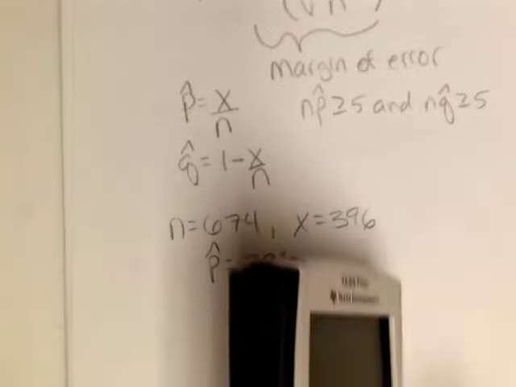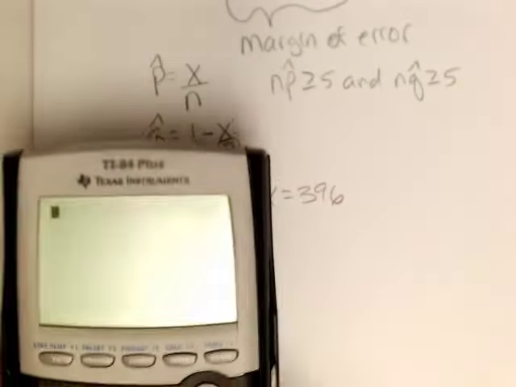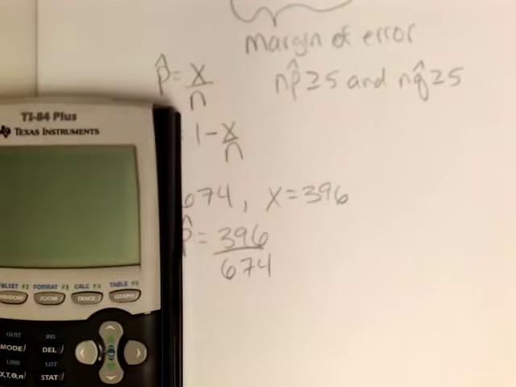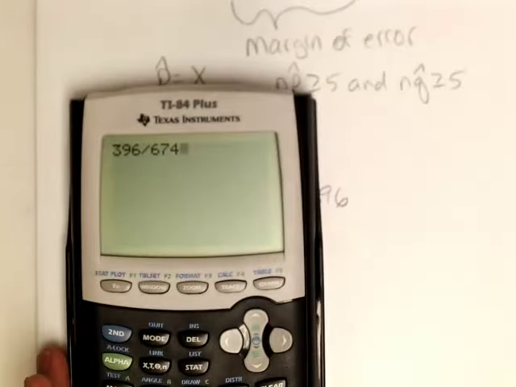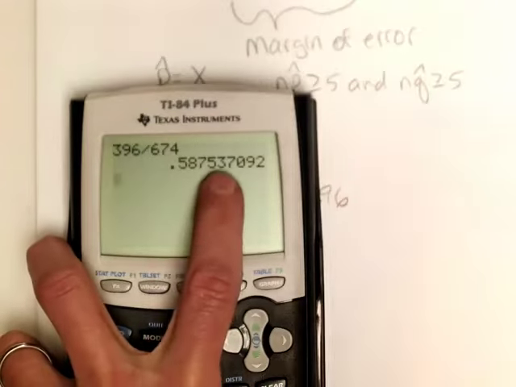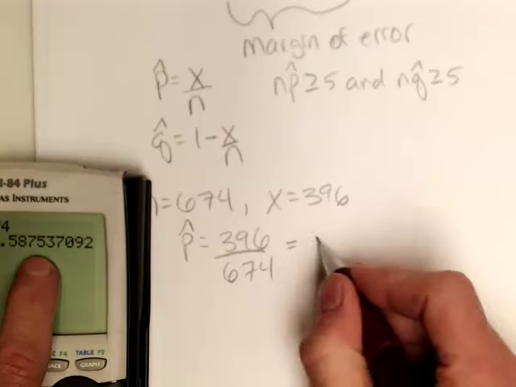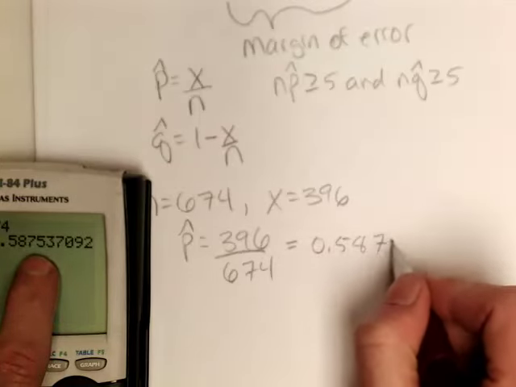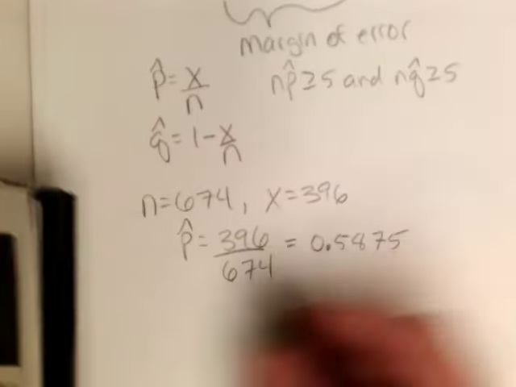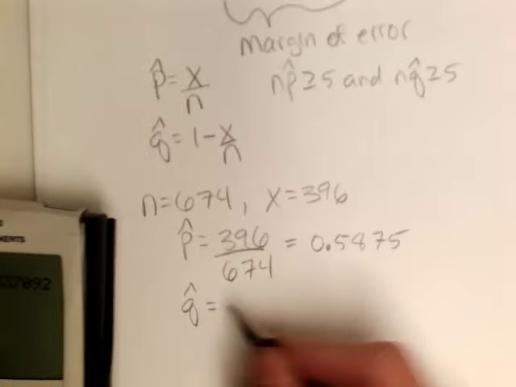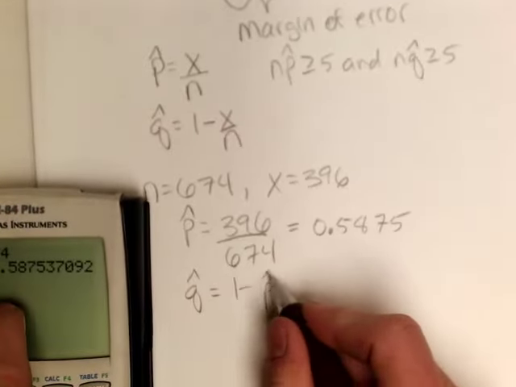I can go ahead and convert that to decimal, and I want to carry it out a bit far. It's approximately 0.5875. So q hat will be 1 minus p hat.